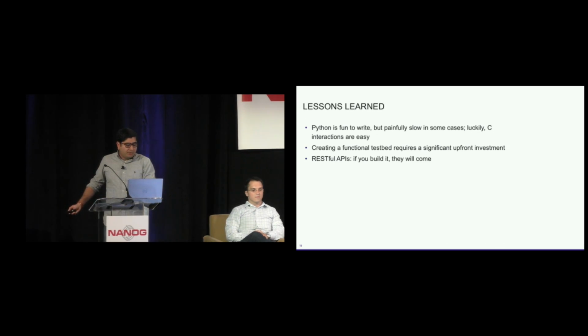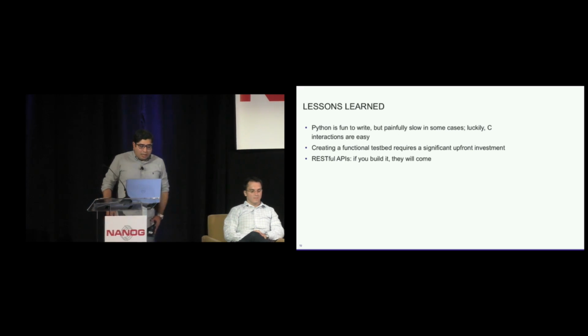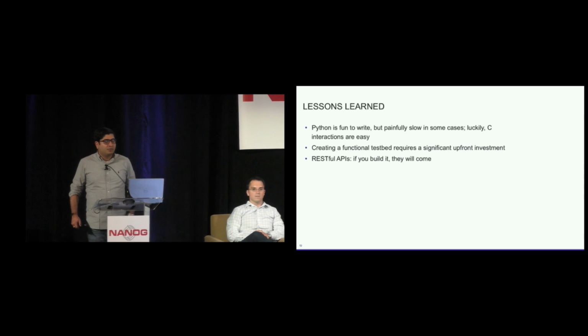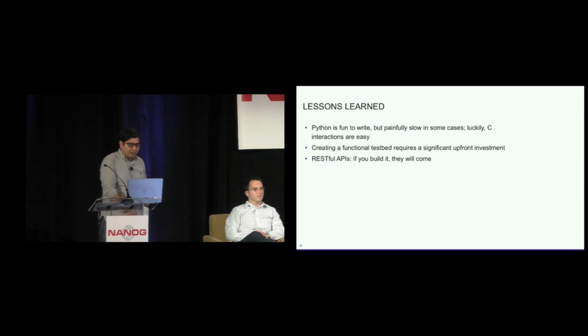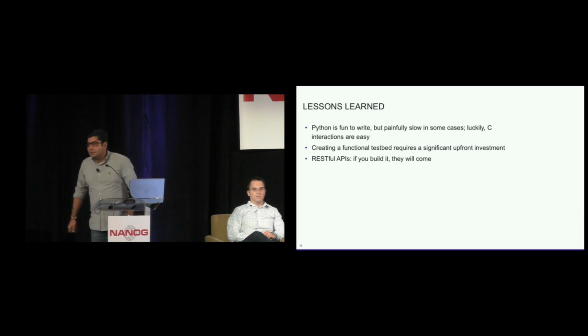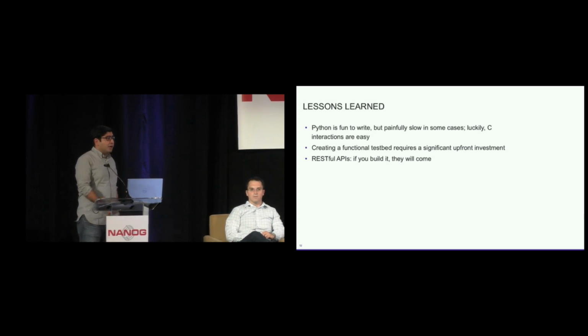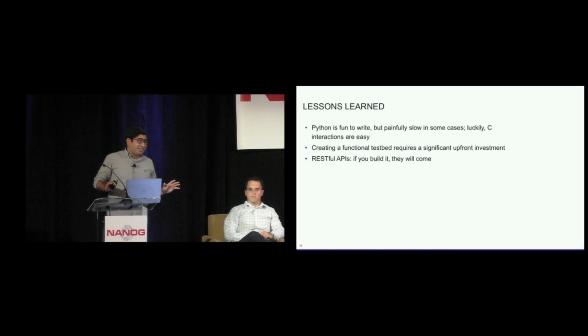A few lessons learned. So we knew going with Python would be the path of least resistance, as Matt had said, because it's becoming the choice of development language in the network DevOps world. And Python has delivered. It was easy and actually fun to code in Python, but it's also kind of slow.